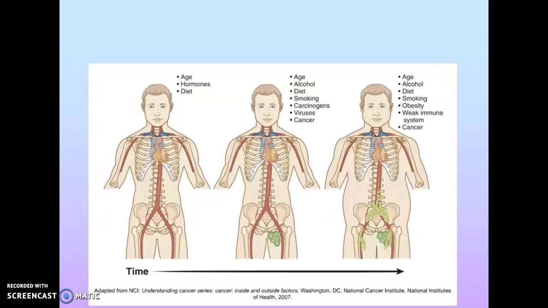So our internal environment inside our body, our genetics inside of us, changes due to our external environment. All of this is external, well, most of it. Age, alcohol, diet, smoking, obesity. Those are factors that are influenced by our external environment, and therefore our genetic components are changed or altered.